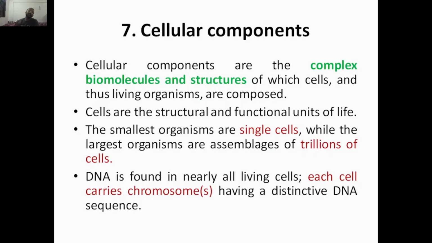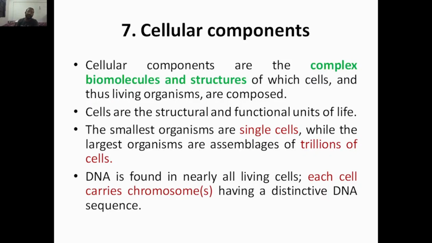Now the smallest organisms are single cells, while the largest organisms are assemblages of trillions of cells. Take the example of a human being, who has more than 100 trillion cells. So from a single-cell organism to 10 to 100 trillion cells, it will involve a lot of components.